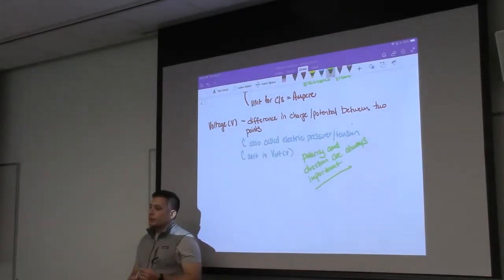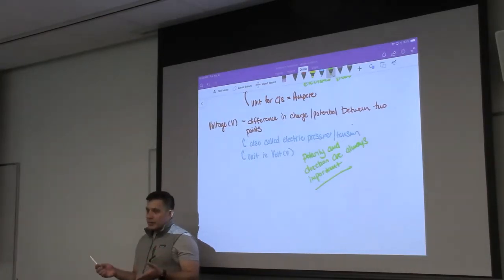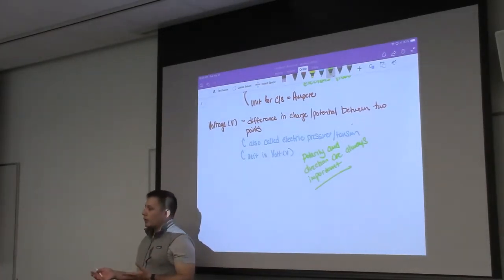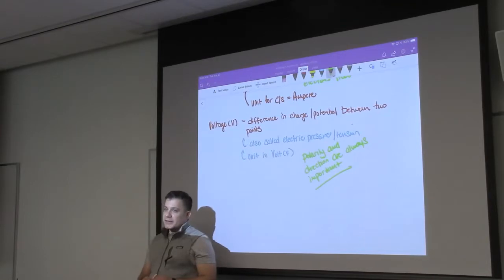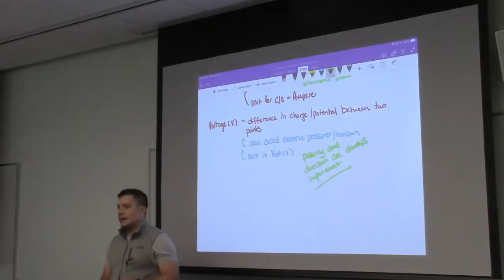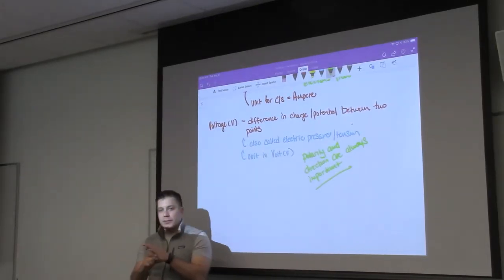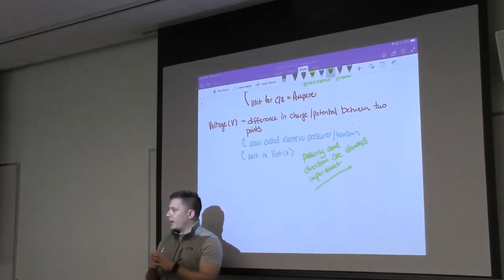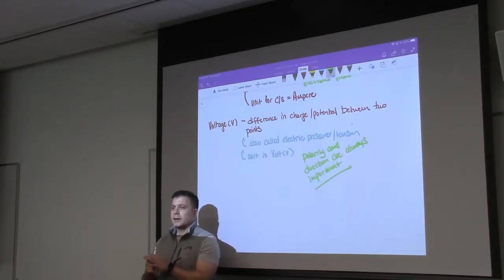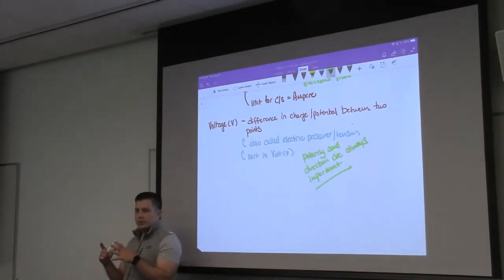So current would be the rate of flow of water through a pipe. Resistance, which we haven't talked explicitly about yet, would be the diameter or the width of the pipe, right? A smaller pipe would be more resistive. It's harder to get water to flow through that at a higher rate. A lower resistance would correspond to a wider pipe.